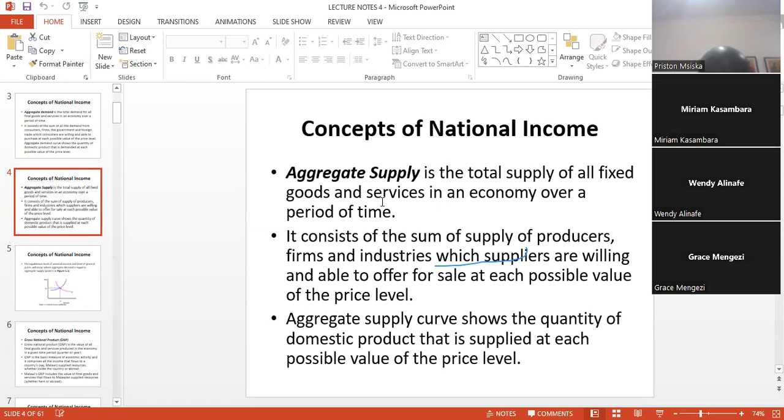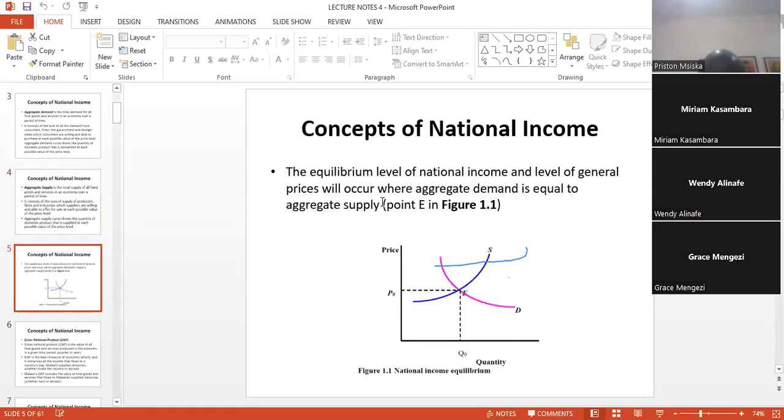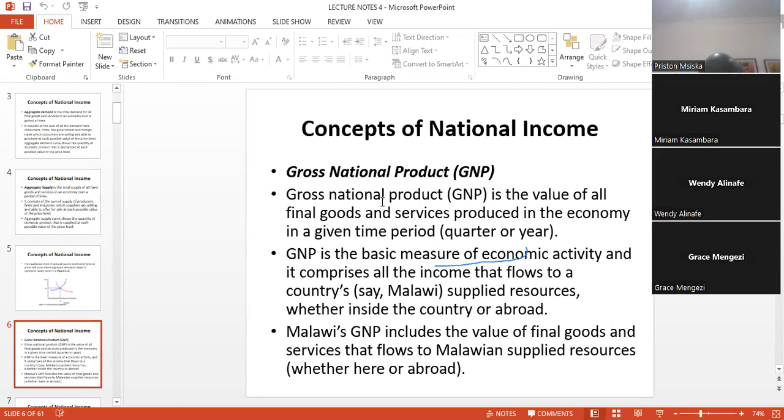What are the differences? Now, gross national product refers to the value of all goods and services produced in an economy by the people of that economy over a period of time. So gross national product refers to what has been produced in total in terms of the factors of production that are available in Malawi.